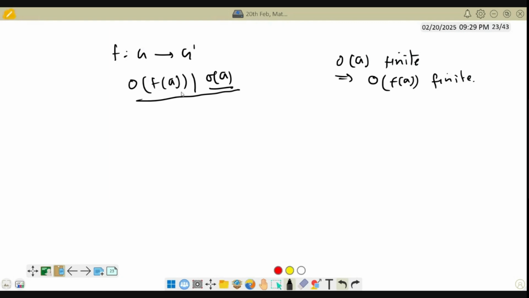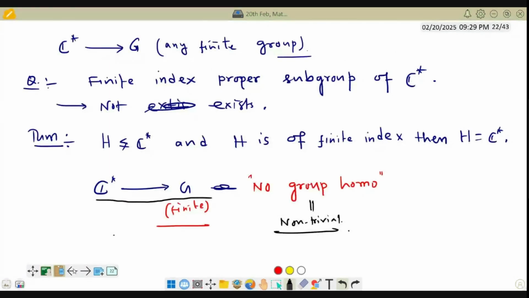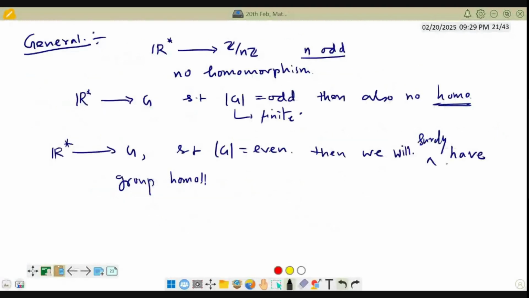Is it clear? Yes, sir. One general fact mentioned by Shomodev: if you have a divisible group, you know what a divisible group is?